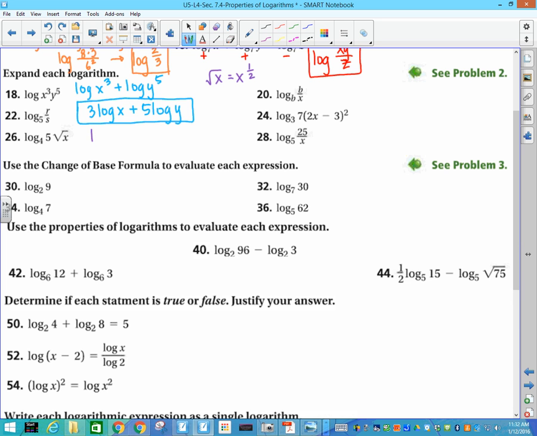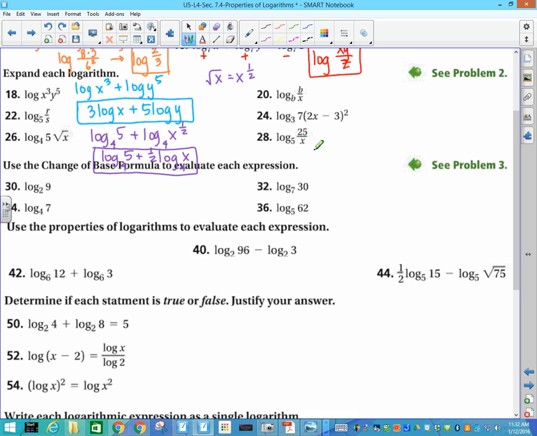So this is going to be log base 4 of 5 plus log base 4 of x to the 1/2. And I can't leave any exponents on here, so I'm going to end up with log base 4 of 5 plus 1/2 log base 4 of x. And that's my final answer.